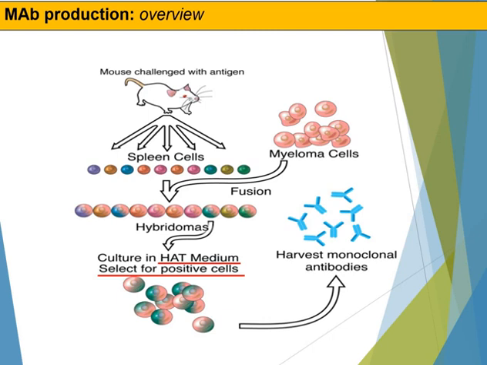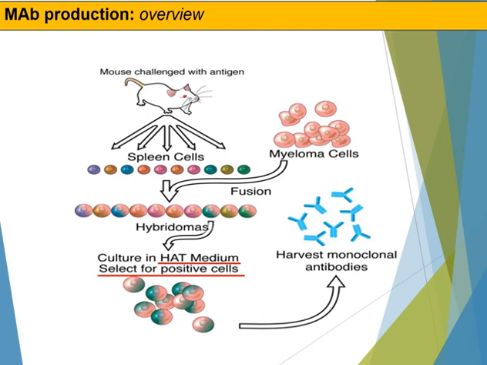Then we fuse the B cells or the spleen cells with the myeloma cells. Both of them are basically originally B cells, because myeloma is a cancer of B cells, but the myeloma cells have certain properties. Number one, they are cancerous. Number two, they are not producing their own antibody anymore, though they are derived from B cells.